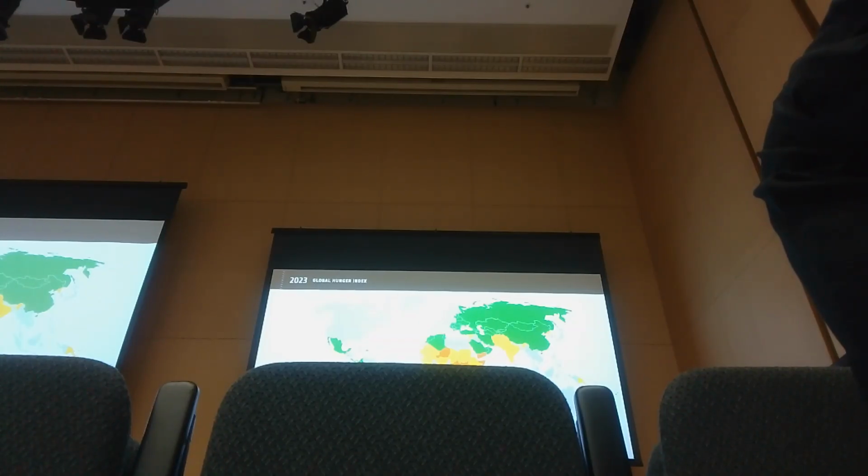That indicates higher food security in those regions. So it's comparing different countries, different places. And this is more updated data, up to 2023.